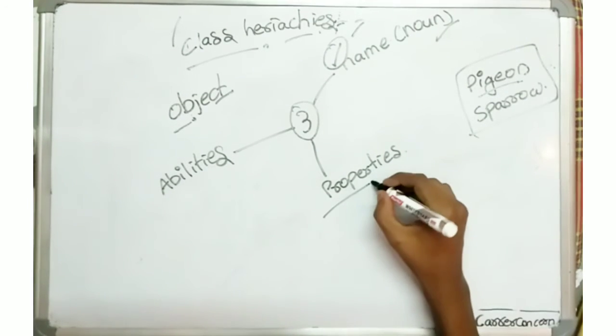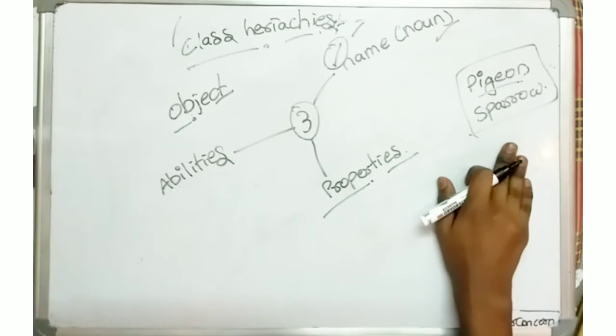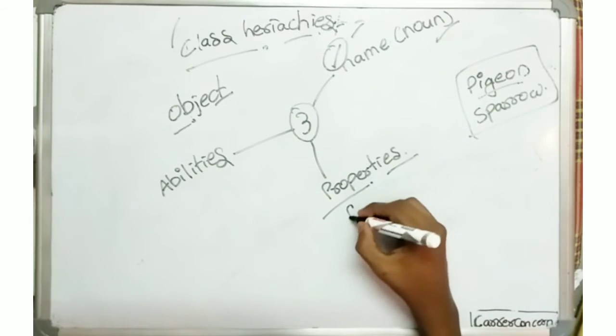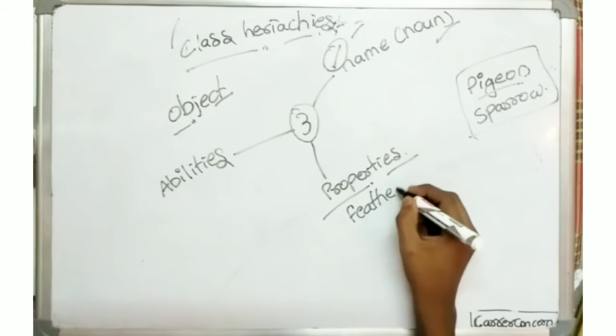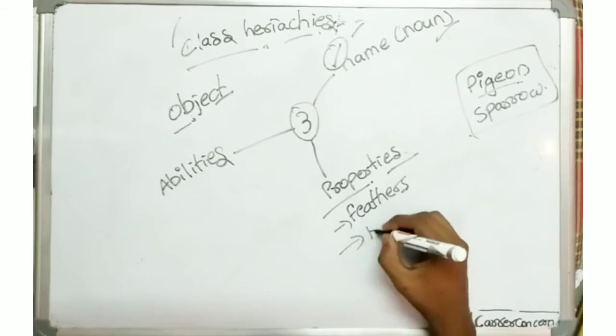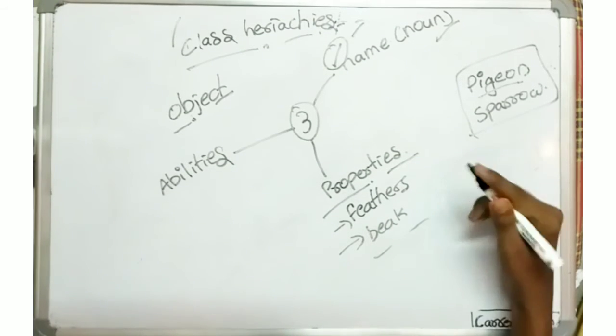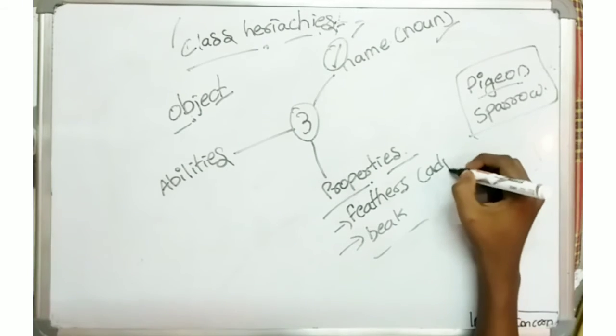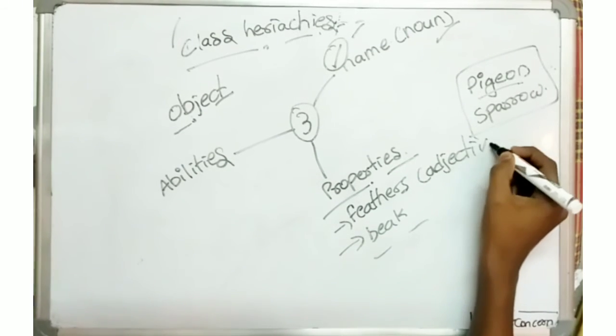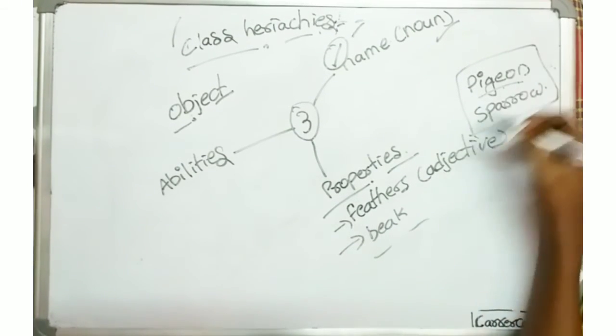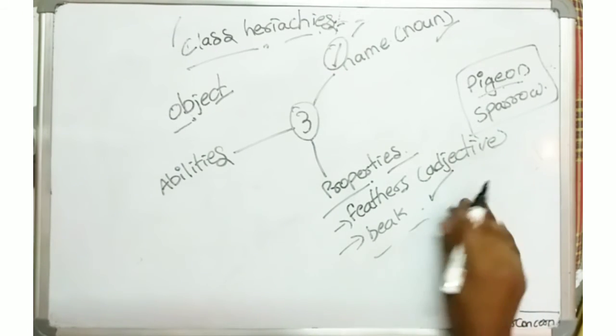Properties: what are its properties? It has feathers and a beak, like adjectives in English grammar. This is also satisfied.